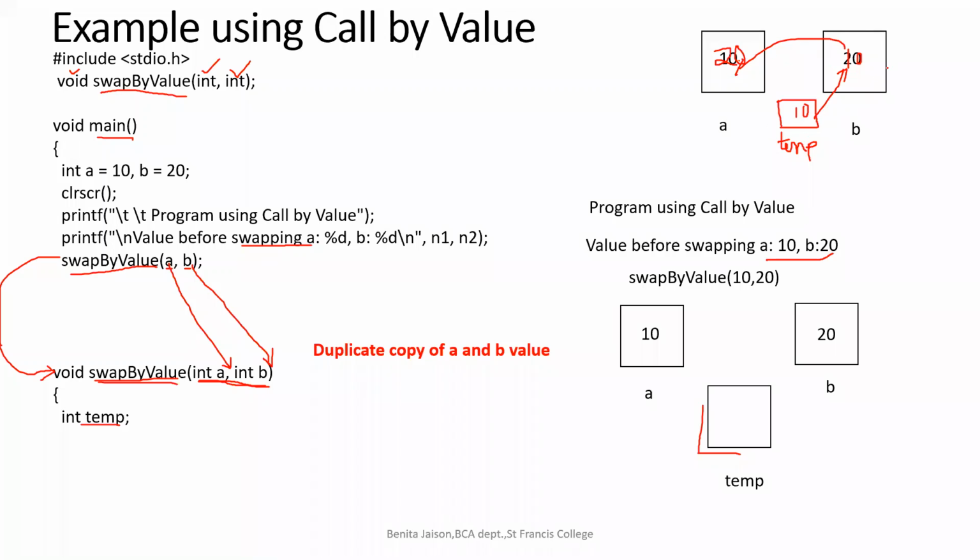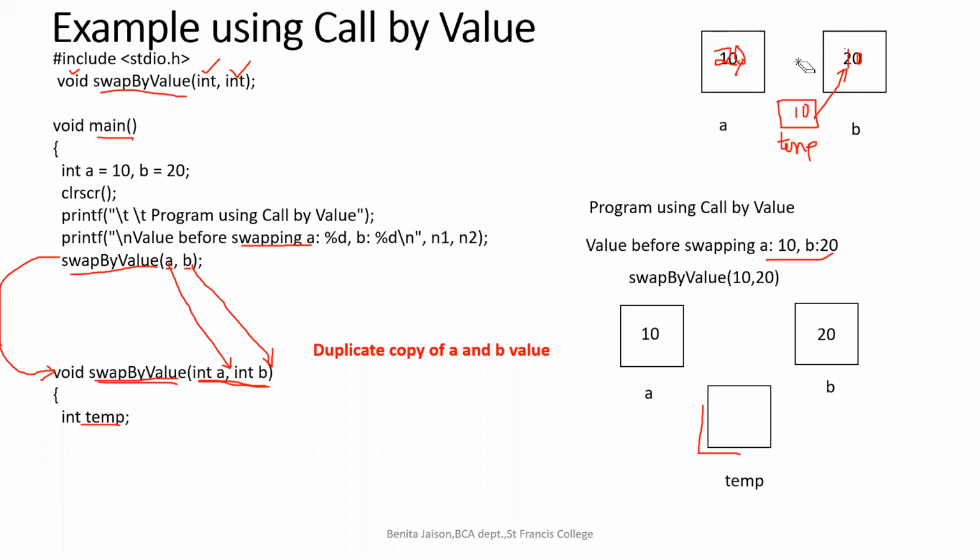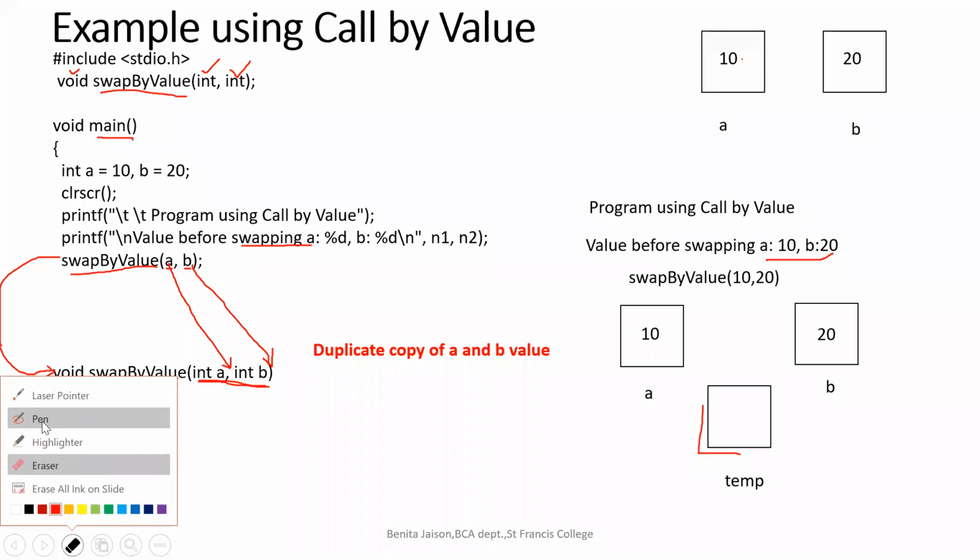Is it clear? So this is what we are going to do, but it is not on the actual values. We are going to do it on a copy of the values which were used in main. We are bringing a copy of the a value and b value. The a value and b value in main remain intact. We are making a duplicate copy and using it over here.